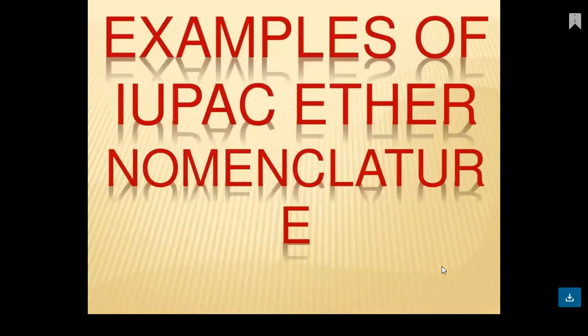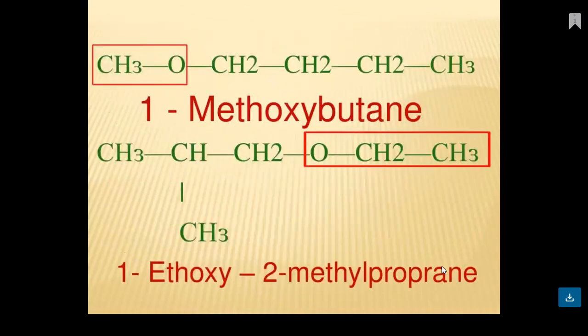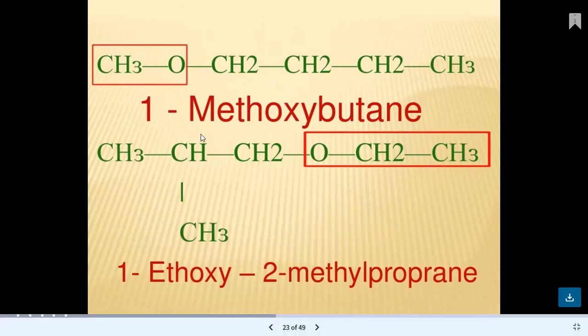I think we mentioned this already. Methoxymethylpropane. All right, so look at this example. This is methoxybutane because the butane is the longest chain. I explained this already. So this is just a substituent, and we mentioned it, methoxybutane.